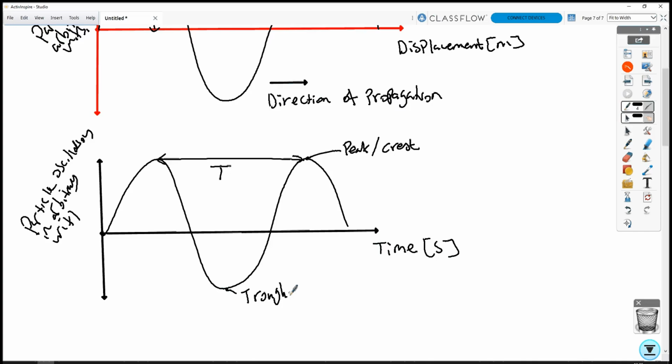And then at any given time, you need to be able to recall the definition of a transverse wave.